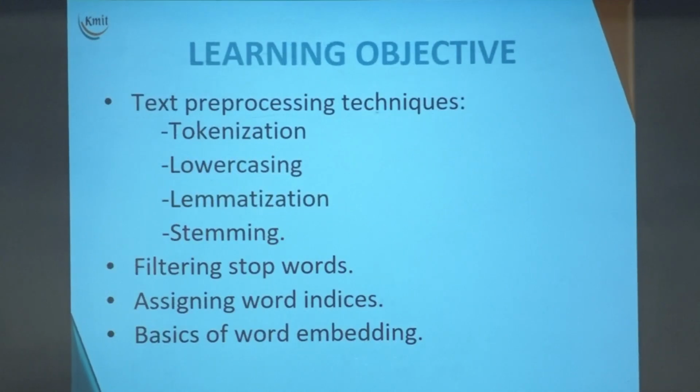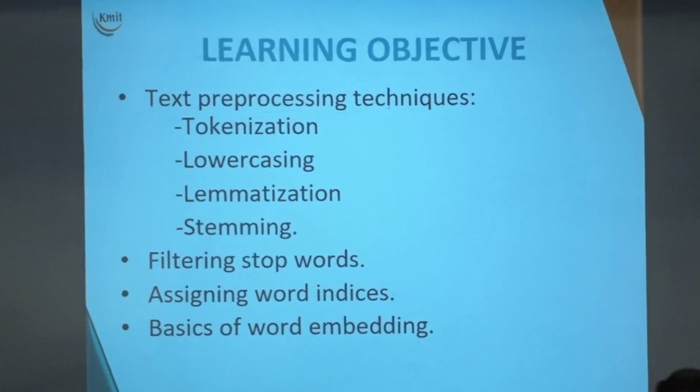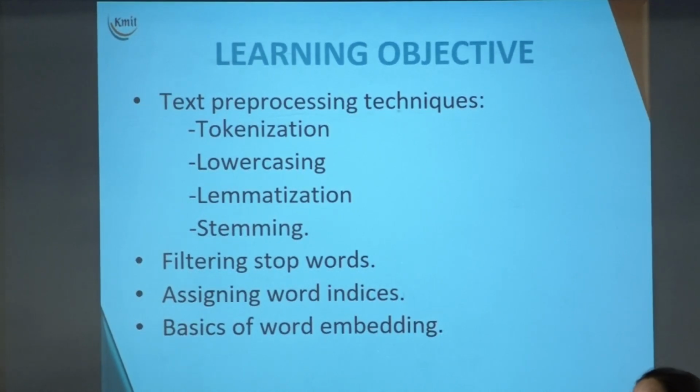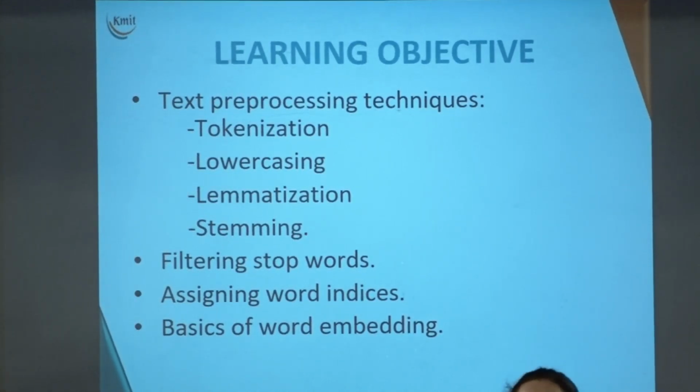The learning objective of this exercise is to understand the techniques that are involved in text pre-processing. I have explained one of them to you today, which was tokenization. What is tokenization?